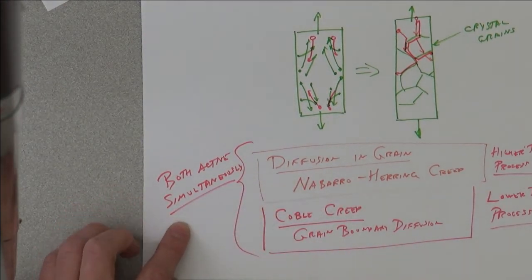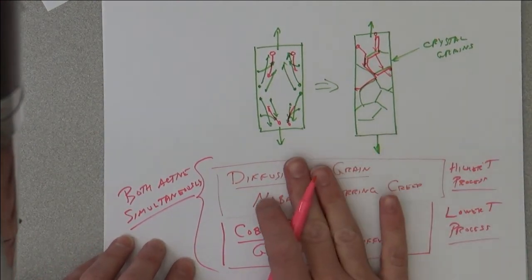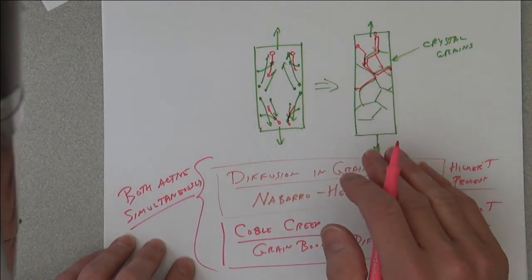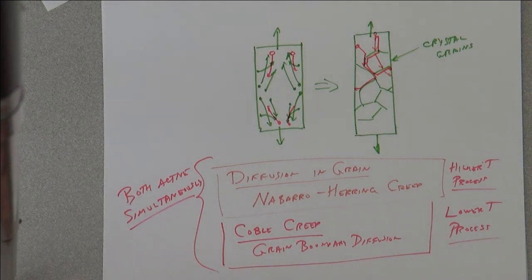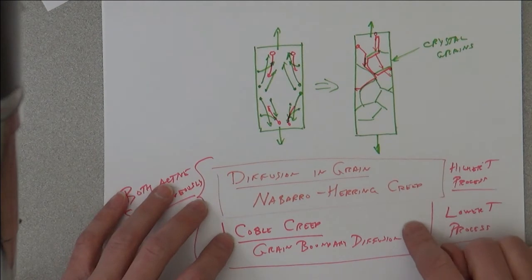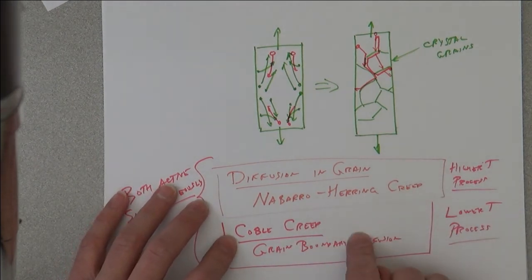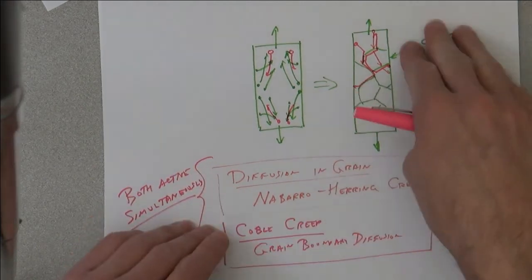So what you'll actually see, looking at the behavior as a function of temperature, is what looks like very different mechanisms or very different behavior, and that has to do with the fact that you are seeing different processes.